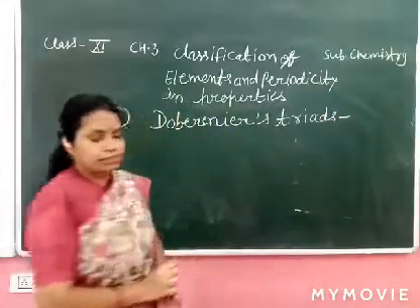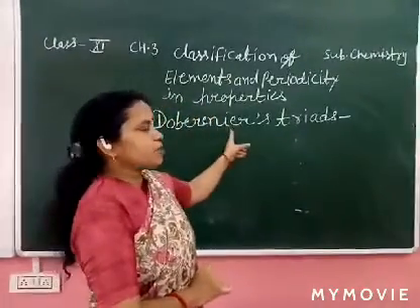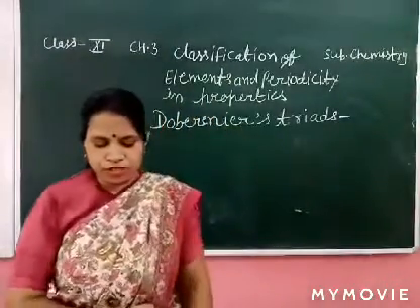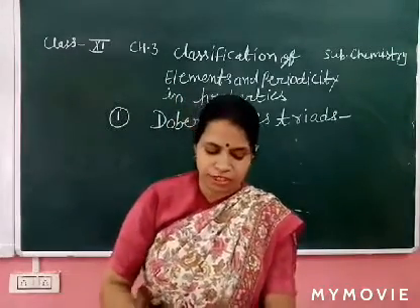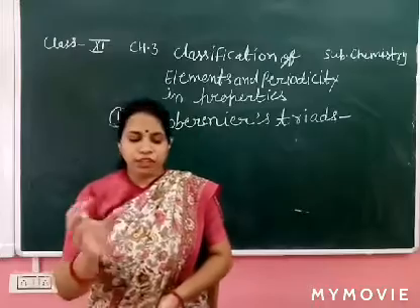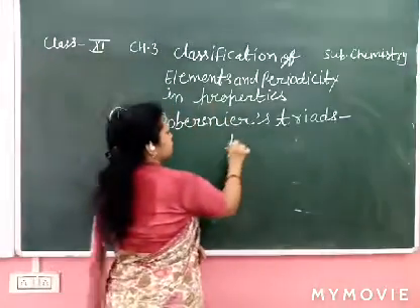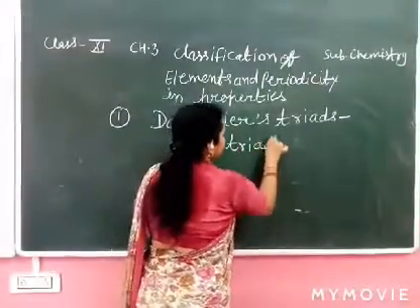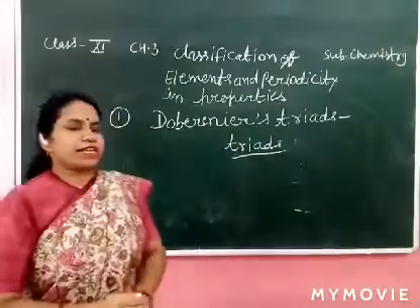What is this? Dobereiner is the name of a scientist. According to this, when elements are arranged in increasing order of their atomic weight, a group of three elements is called a triad. So what is the Dobereiner triad?